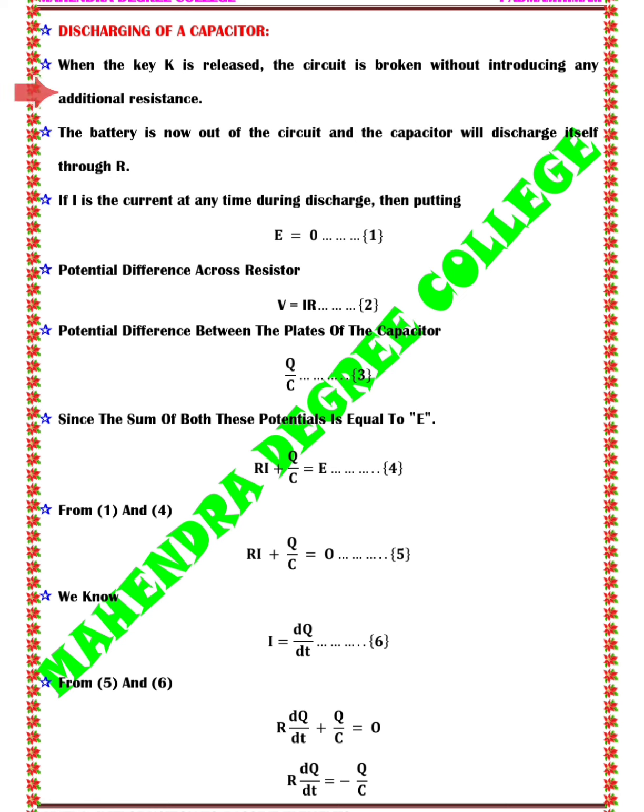The battery is now out of the circuit and the capacitor will discharge itself through R. It means, with the battery removed from the circuit, the capacitor will discharge through the resistor R.